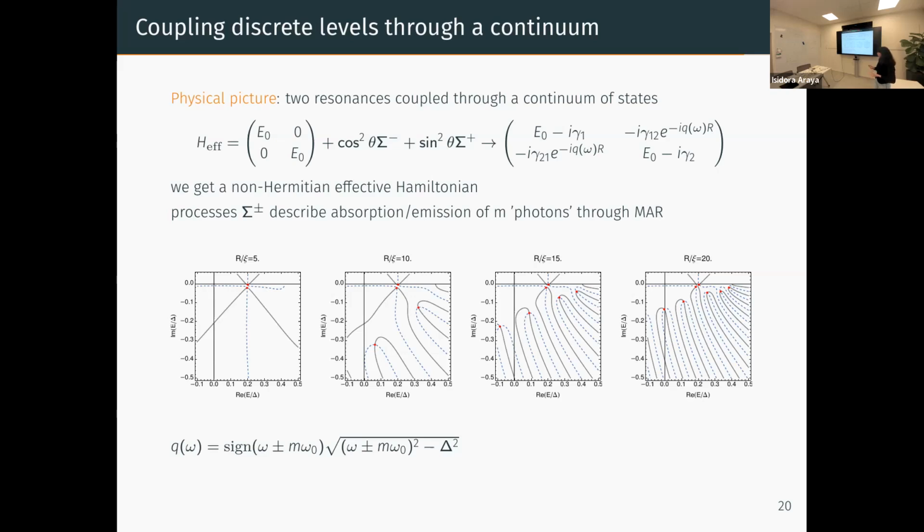And the coupling is all hidden in these sigma plus minus self-energy matrices, which are exactly the processes I showed in the previous slide. These self-energy matrices give some dissipation in the system. So the initial discrete level becomes a resonance, but they also provide a coupling through the continuum.